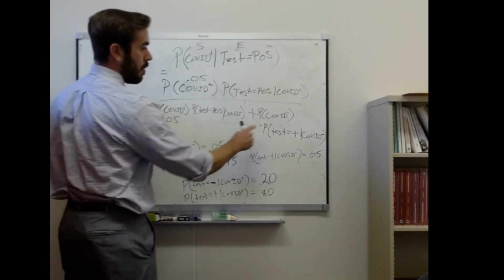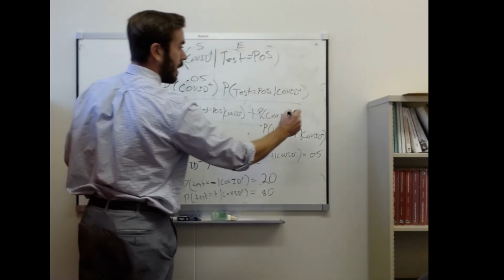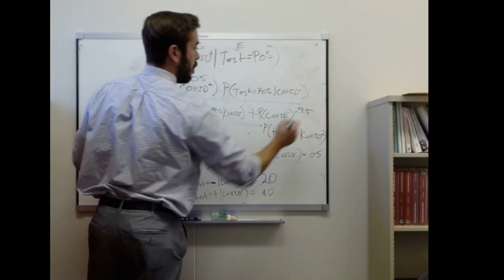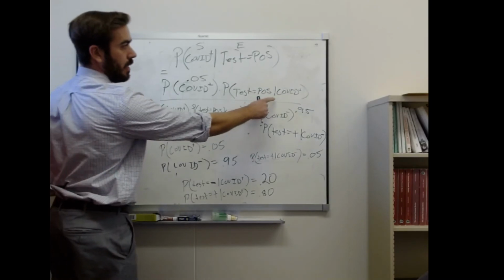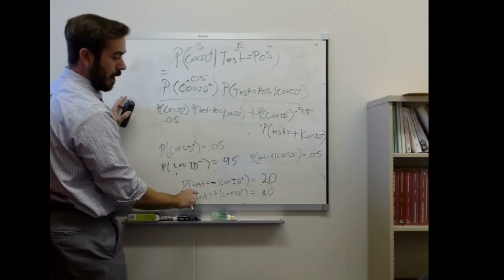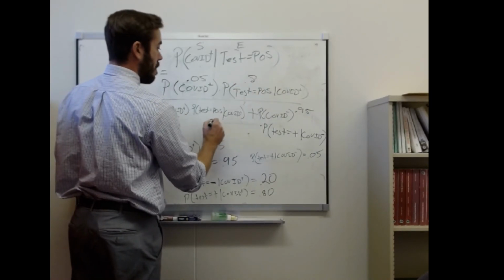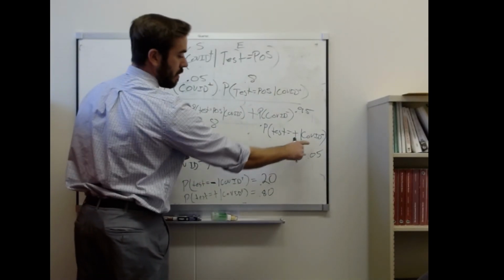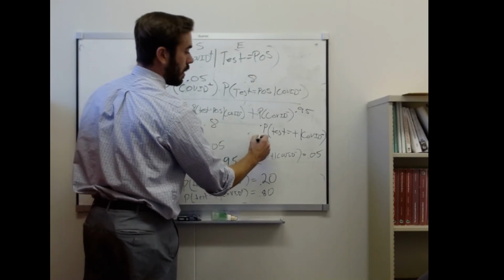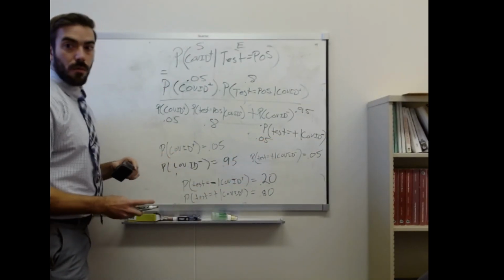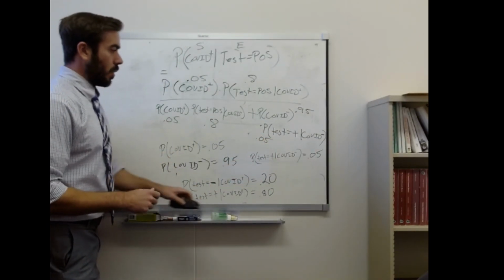Probability they are COVID negative, 0.95. Given that they have COVID, the probability they get a positive test result, 0.8. Given that they don't have COVID, the probability they get a positive test result, 0.05. Okay? So I now have all the values.